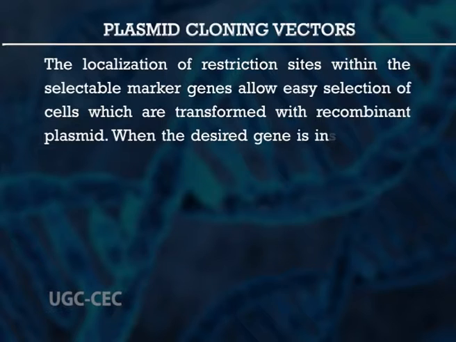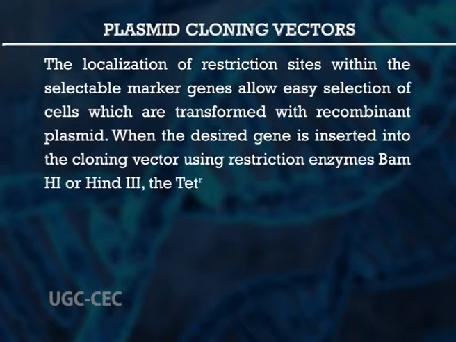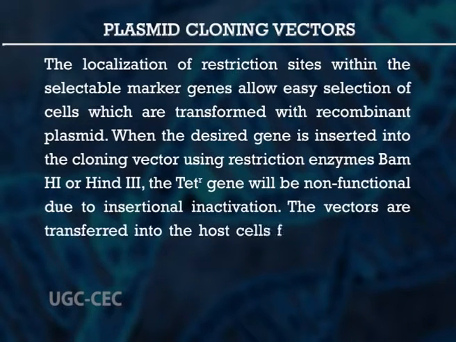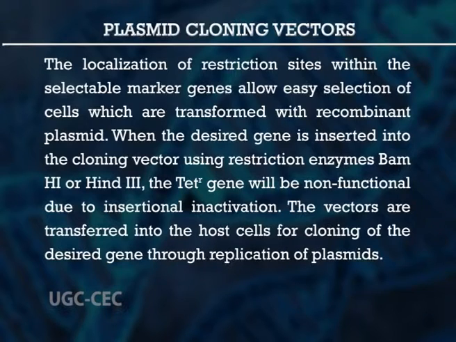When the desired gene is inserted into the cloning vector using restriction enzyme BamHI or HindIII, the tetracycline resistance gene will be non-functional due to insertional inactivation. The vectors are transferred into the host cells for cloning of the desired gene through replication of plasmids.